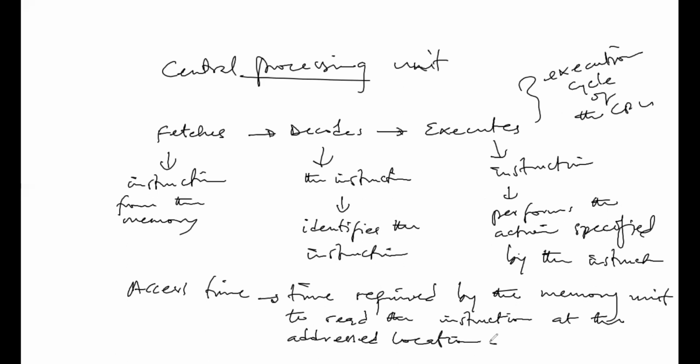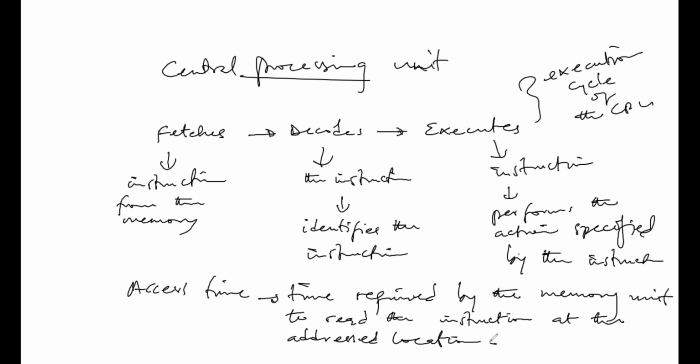Now, the decoding function involves identifying the instruction that has been fetched from the memory. So it is the process of finding the type of instruction fetched, which is the decode cycle. And then the execute cycle executes the instruction. So the processor contains hardware consisting of control circuitry and an arithmetic and logic unit.